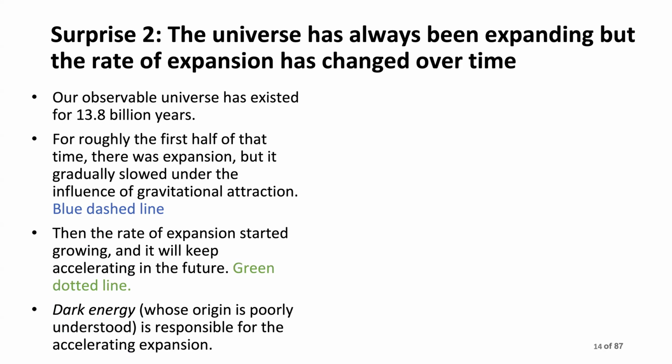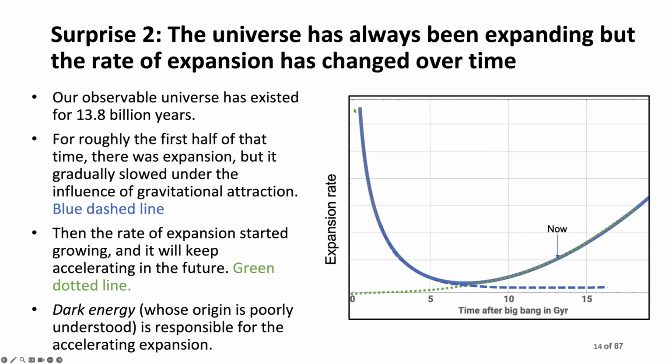In the early days, this is the time of the Big Bang, and here we are now at 13.8 billion years. In the early days, the expansion was much, much larger than it is today.